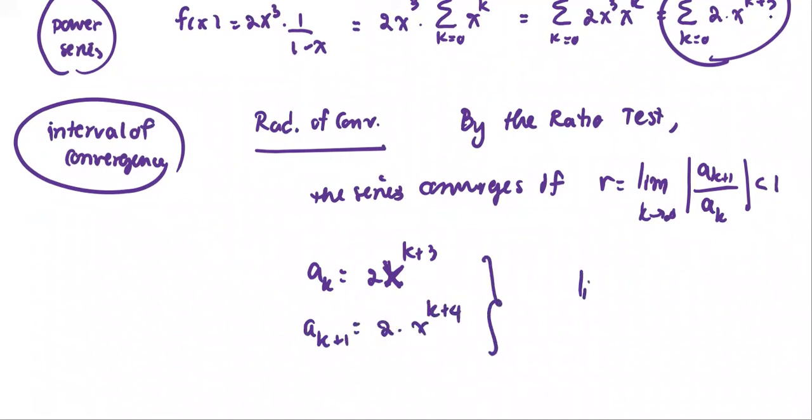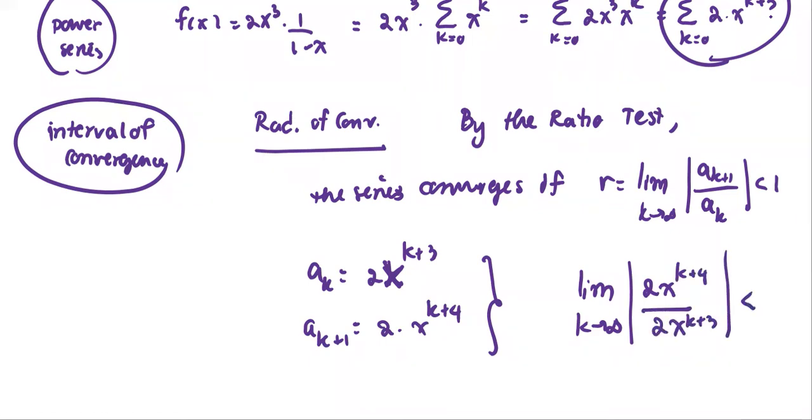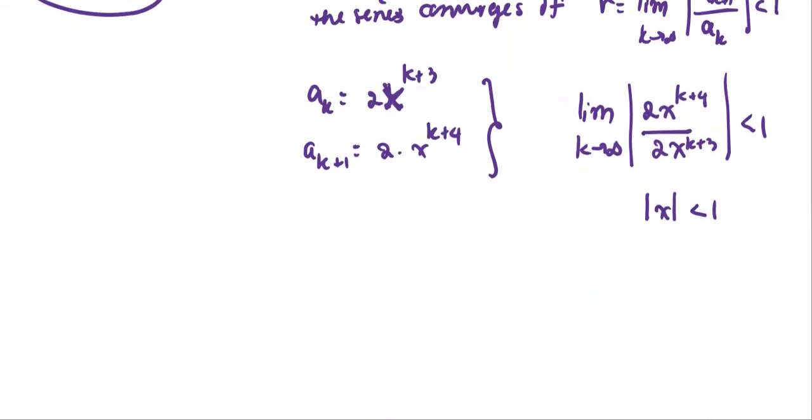Then the limit as k approaches infinity of the absolute value of 2 times x to the k plus 4 divided by 2 times x to the k plus 3 must be less than 1 for this series to converge. Simplifying the expression in the absolute value, we get the absolute value of x less than 1. This means the radius of convergence r equals 1.